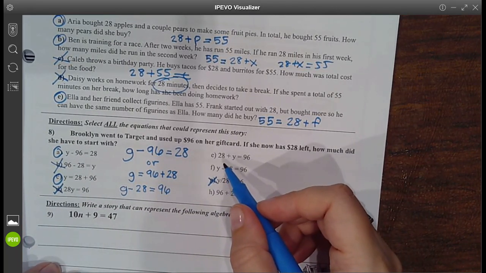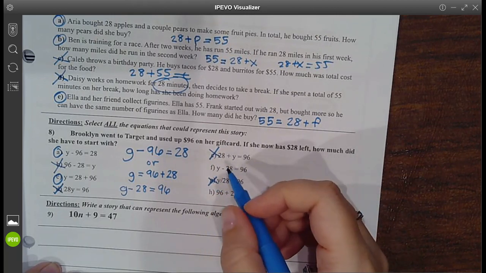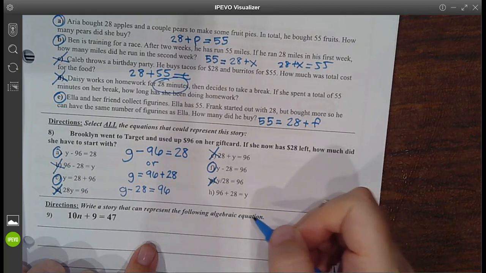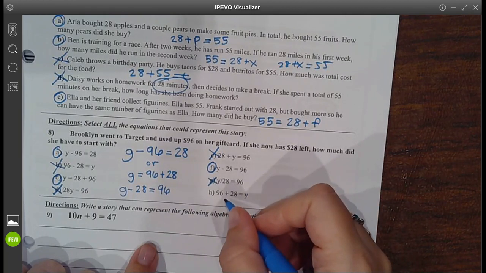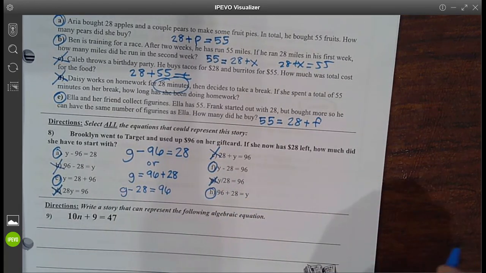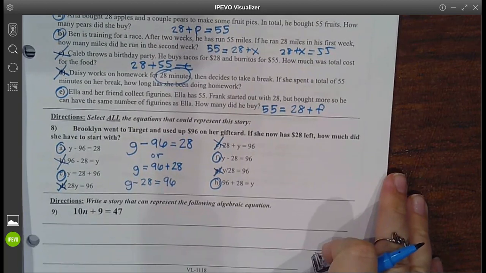How much I have left plus my total equals how much I spent. That doesn't make sense. Okay, this minus 28 equals 96. Yep, have that one right here. How much I spent plus how much I've left equals the total. Yep, that's the same right there. Beautiful. Okay, hopefully you got the same ones that we did.